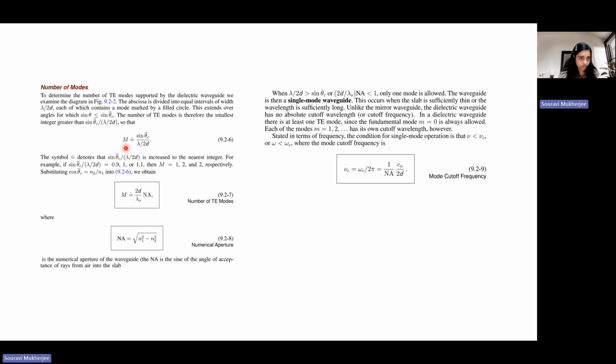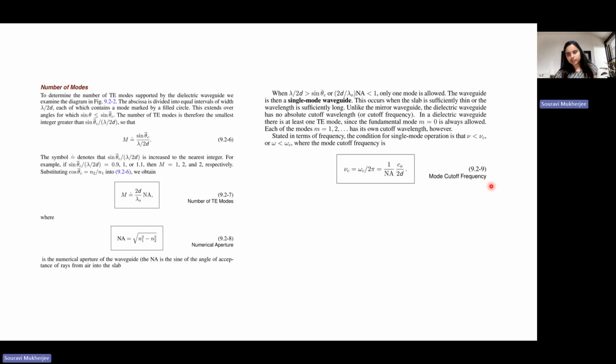When this value becomes one, that's the condition when lambda by 2d is greater than sine theta c complement. In those cases, there's one mode that is always allowed. So such a waveguide can act as a single mode waveguide, where only one mode propagates. That is given by this condition where you put m as one.